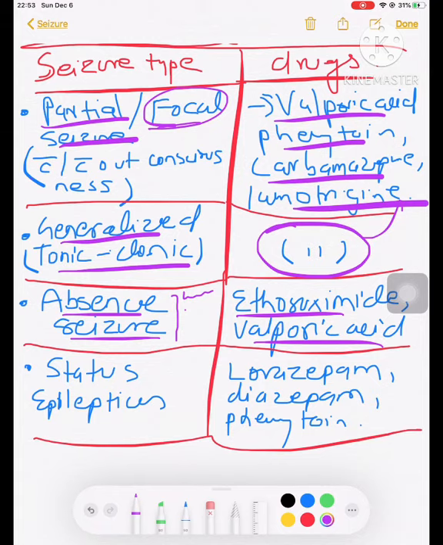So the drugs used are lorazepam, diazepam, phenytoin, and midazolam is also used to control the acute seizure activity. Okay, next we'll discuss individual drugs. Mainly the drugs that I'm going to discuss here are phenytoin, carbamazepine, valproic acid, ethosuximide, and a few little things about other drugs.